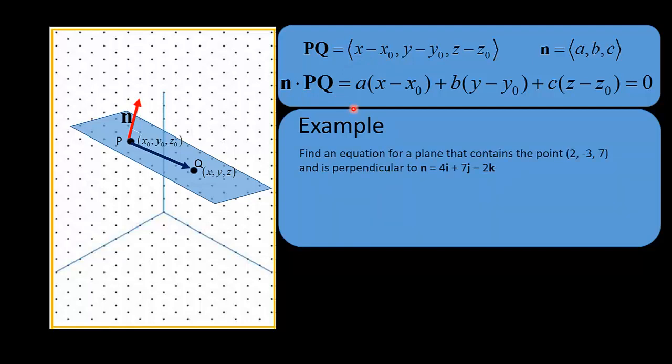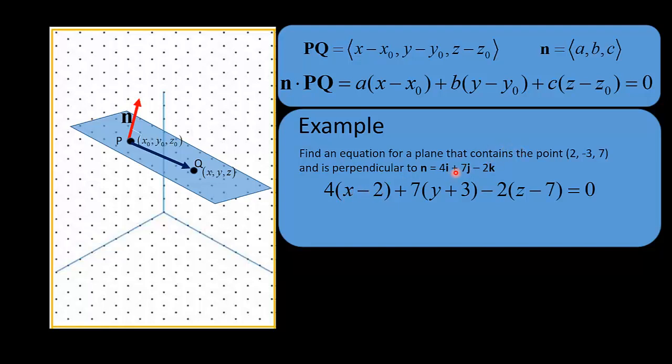Let's suppose that we want an equation for a plane that contains 2, -3, 7, and is perpendicular to 4, 7, -2. I put it in linear combination here, but still, that's the normal vector. Well, here's what we do. We just write it. The 4 goes here, the 4 from the vector, and then x minus 2.